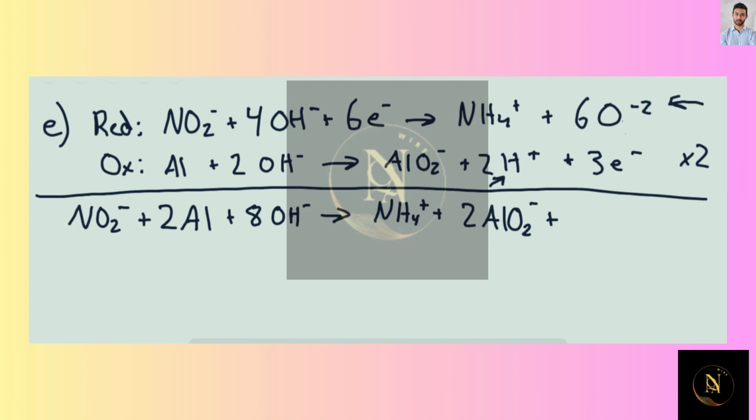So 2 of these hydrogens are used to make 2 waters, and the rest of the oxygen is left as the anion. So that's the reaction, and now the reducing agent will be the aluminum, because it's being oxidized. And the oxidizing agent will be NO2 minus, because it's being reduced.